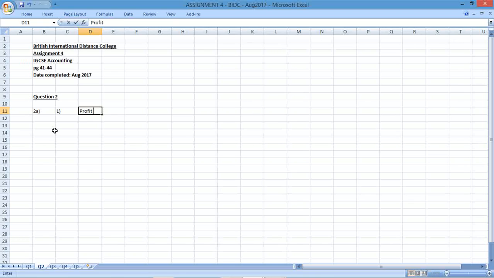So they said profit for the year as a percentage of capital employed. That's equation 1 that they're asking you to calculate. Number 2 is the percentage of profit for the year to revenue.